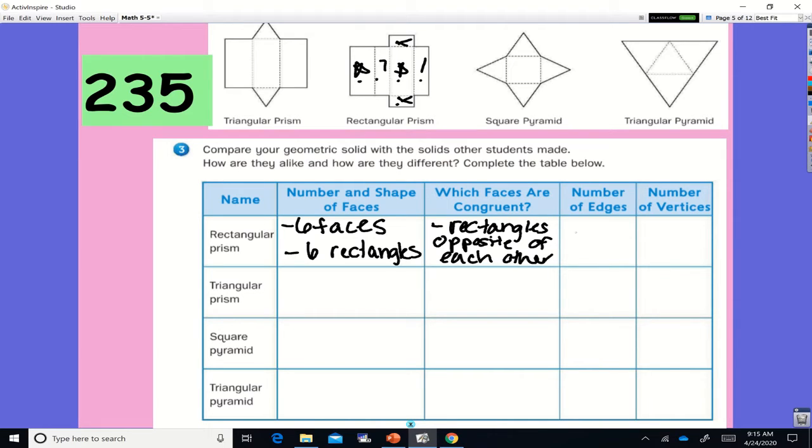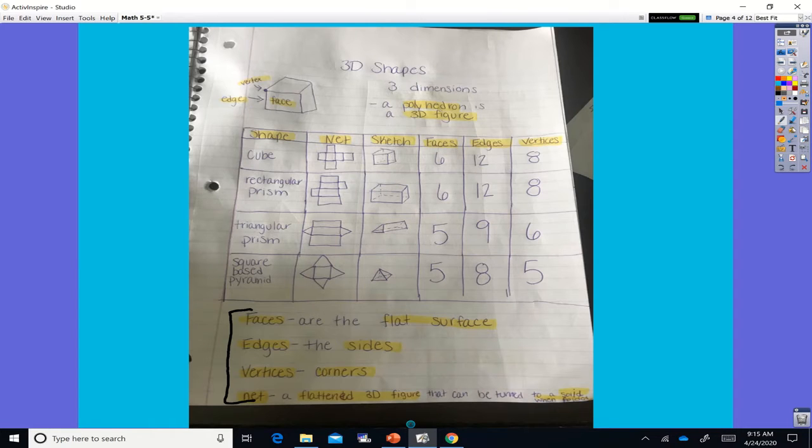Now our edges. I always look back at that note sheet and I look at the sketch. So if we go back here for our rectangular prism, our edges, I'm going to count 1, 2, 3, 4, 5, 6, 7, 8, and then 9, 10, 11, 12.